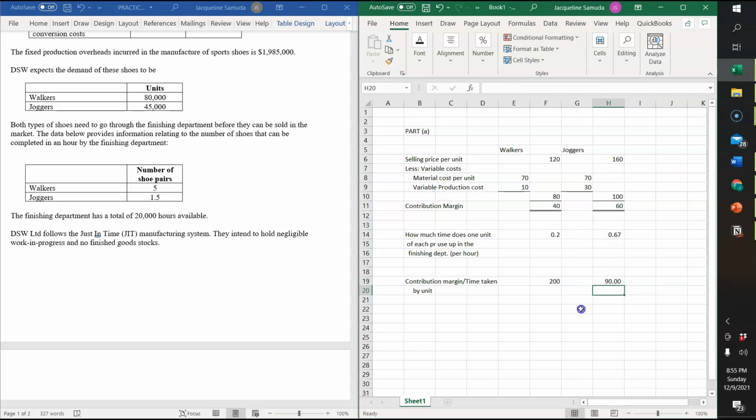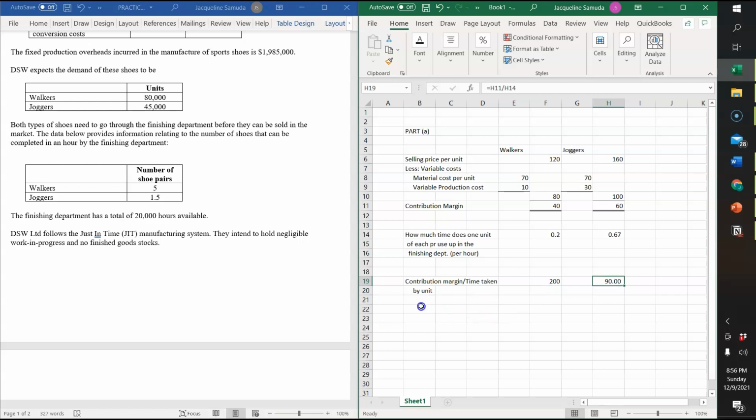So what this information is telling us is that the workers will make $200 of contribution margin for the company if that is what they focus on. But if they make joggers, that same 1 hour of finishing department's time will only earn the company $90.